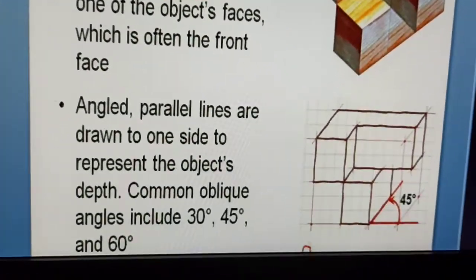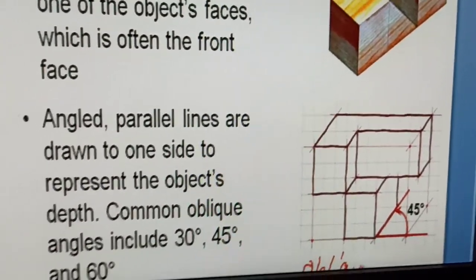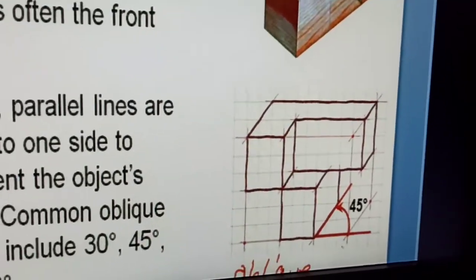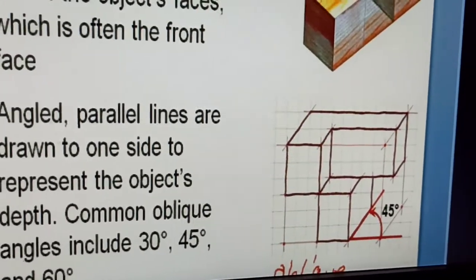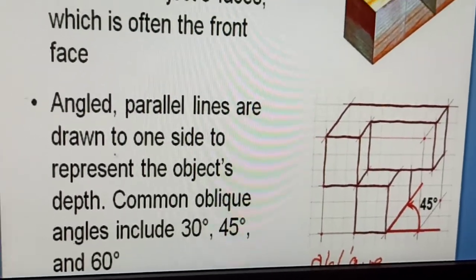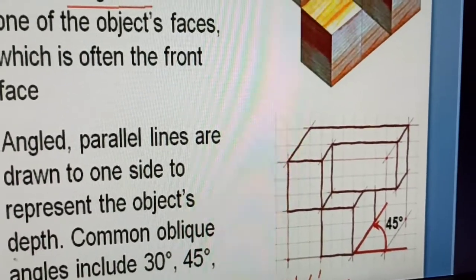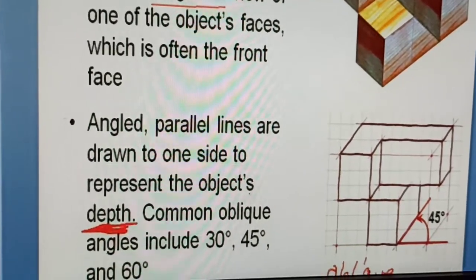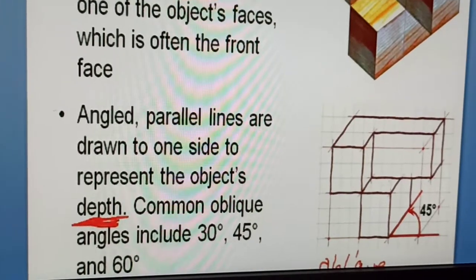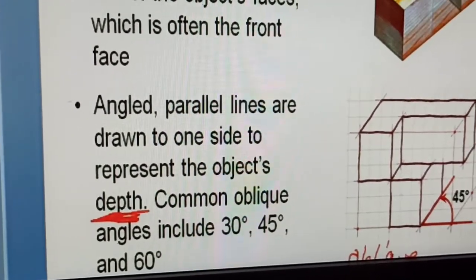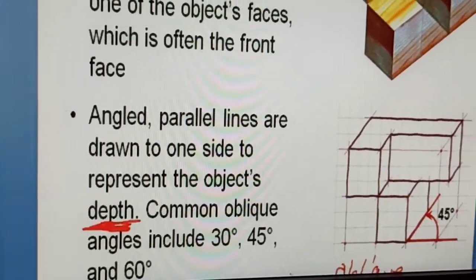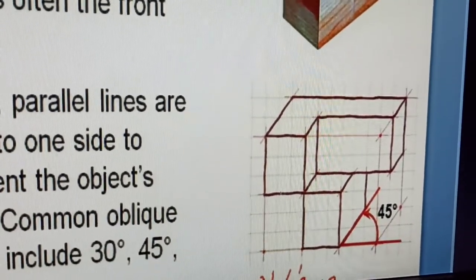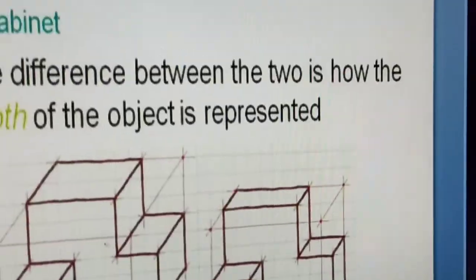Like here, this is drawn, and the angle between these is 30 degree, 45 degree or 60 degree. Common oblique angles are 30, 45 and 60, right? And these angled, parallel lines are drawn to one side to represent the object's depth, as here. Clear? Oblique sheets, and on that 3D shapes.